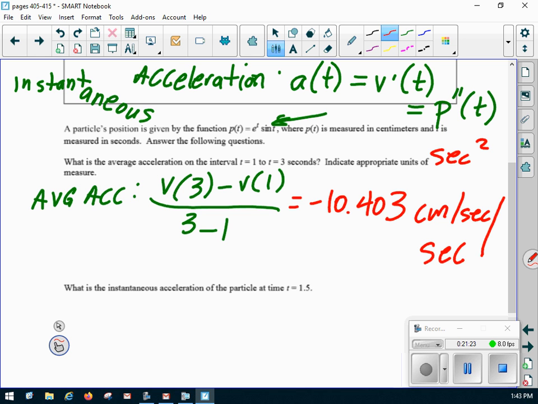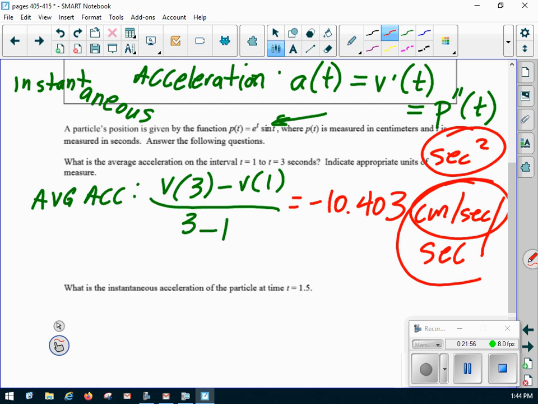But at one of my calculus workshops, the teacher said, I don't let my students do that because what's a square second? This means something: every second, your acceleration is changing at this many centimeters per second. So ever since then I've tried to do per hour, or per second.